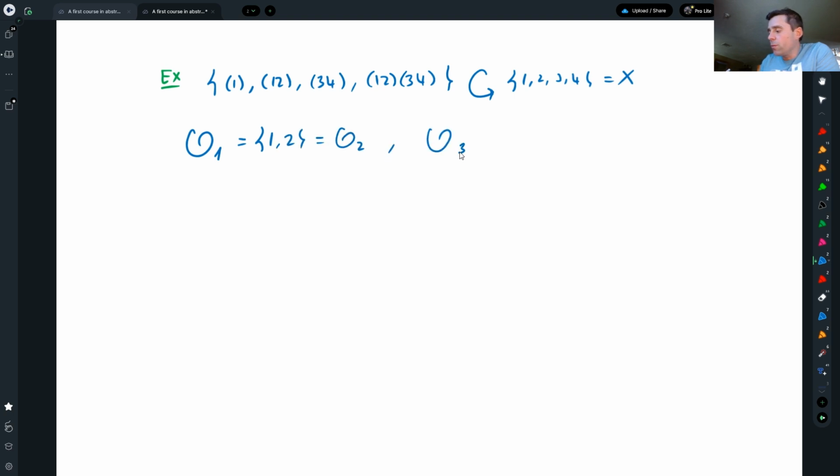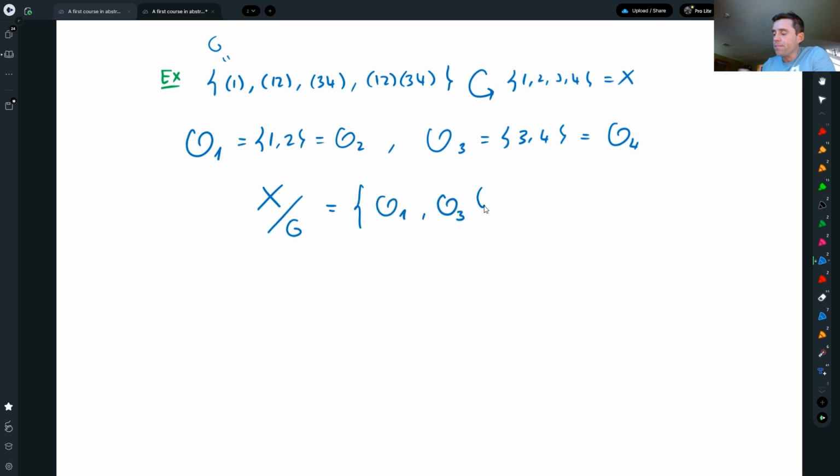And then there's the orbit of 3, which is 3 and 4, the same as the orbit of 4. So X modulo G, the set of equivalence classes, will be two sets of elements that are G equivalent. There is the class of 1, and then there is the class of 3.